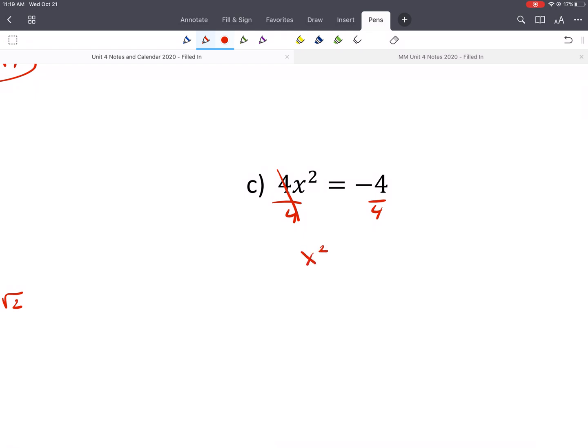That gives us x squared is equal to negative 1. We're going to square root both of those, plus or minus. So here we get x is equal to, well, what's the square root of a negative 1? We know that's i, so it would be i and negative i. So remember, i is equal to the square root of negative 1.